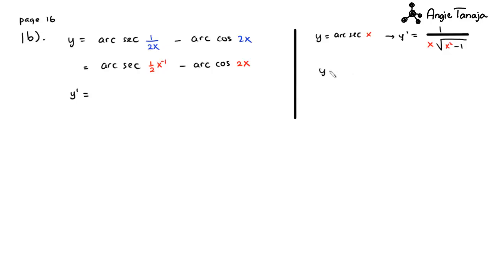If you have y equal arccos x, then it will be negative 1 over root 1 minus x squared. Sorry, this one is squared.